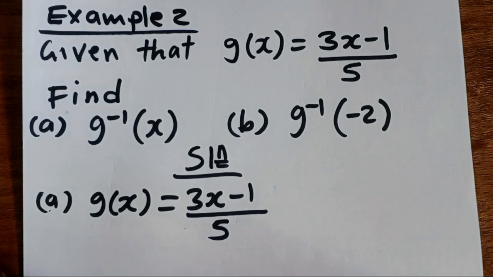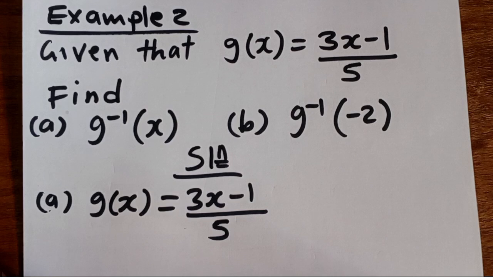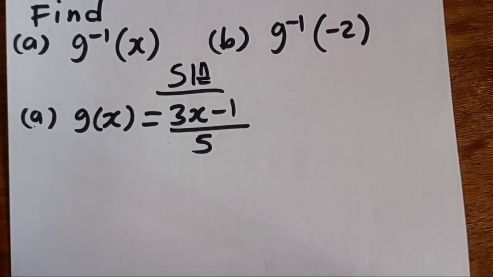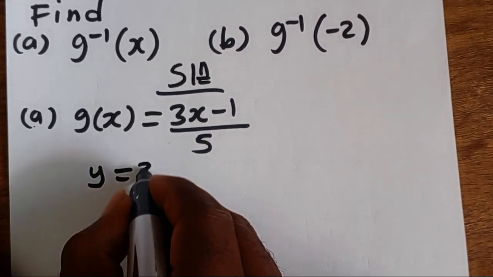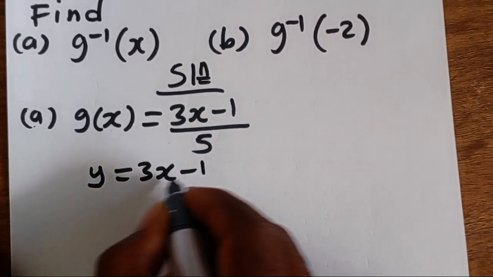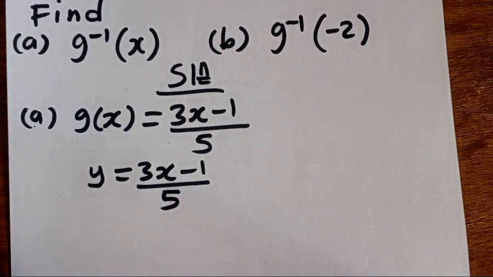So remember the steps to find the inverse function. The first step, let g of x be y. So it is going to be y is equal to 3x minus 1 over 5. Then step 2, make x the subject of the formula.